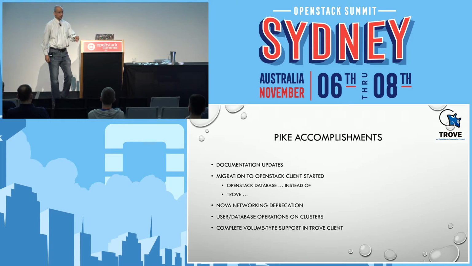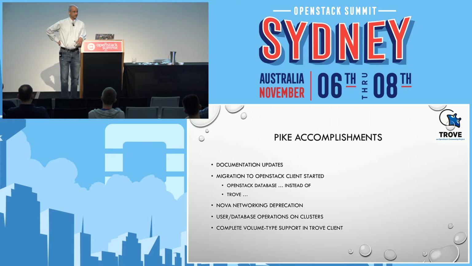The documentation was severely lacking and out of date, and Trevor helped quite a bit in getting the documentation updates. Trevor also started on the migration to the OpenStack client. We do have a separate Python Trove client. The migration, I don't think, is by far complete, but at least the process of migrating off to the OpenStack client has started.